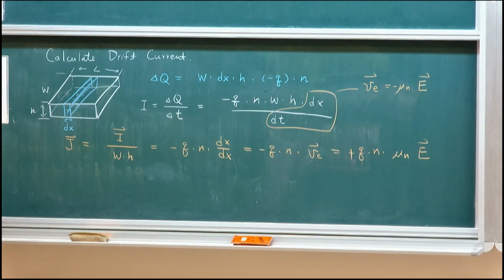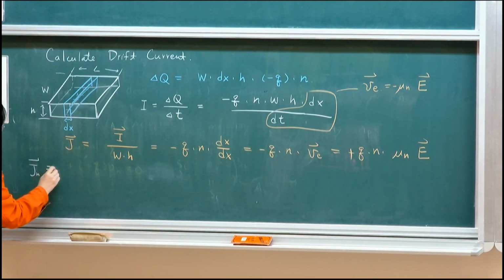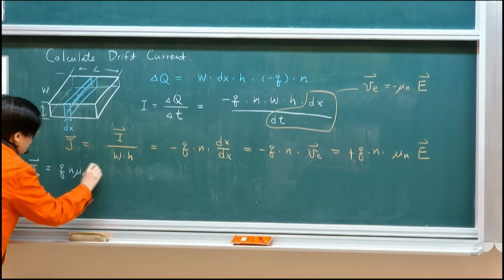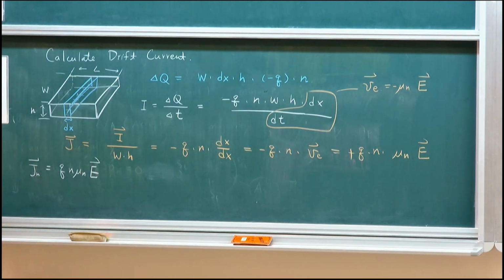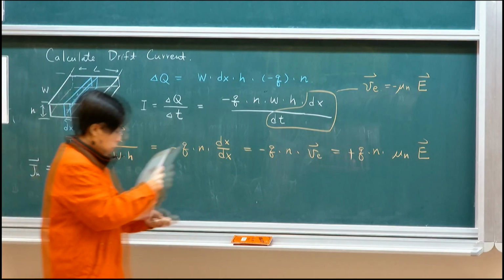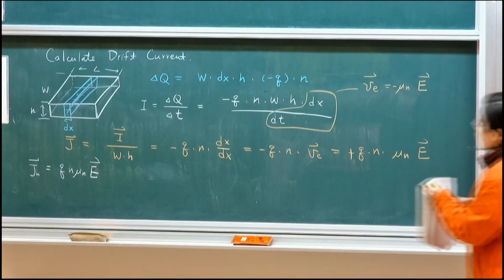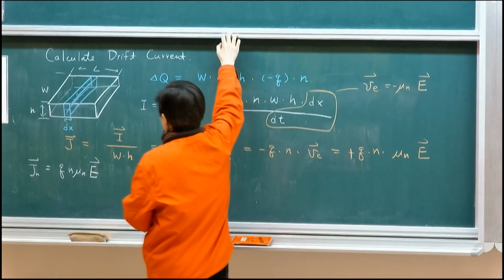So then we get the final equation. Let me write down the equation. The equation for electron current density will be Q n mu n e. So current direction is the same as field direction, right? Okay. So we can do the same exercise for holes. Let me write it down.